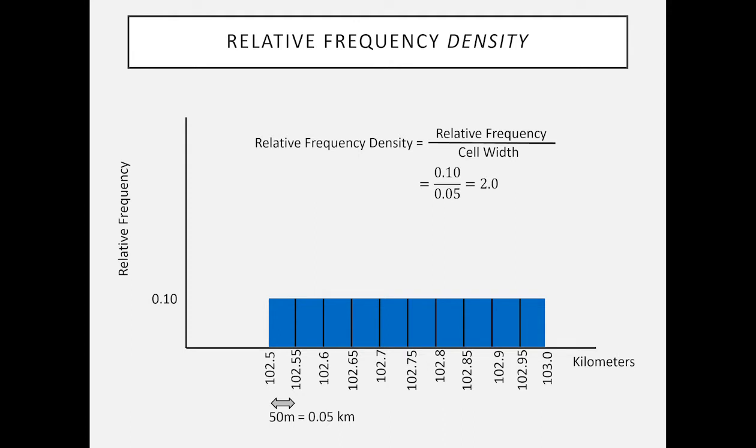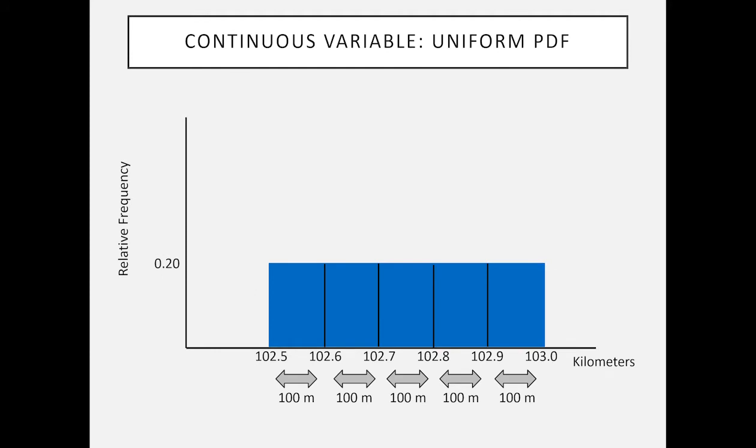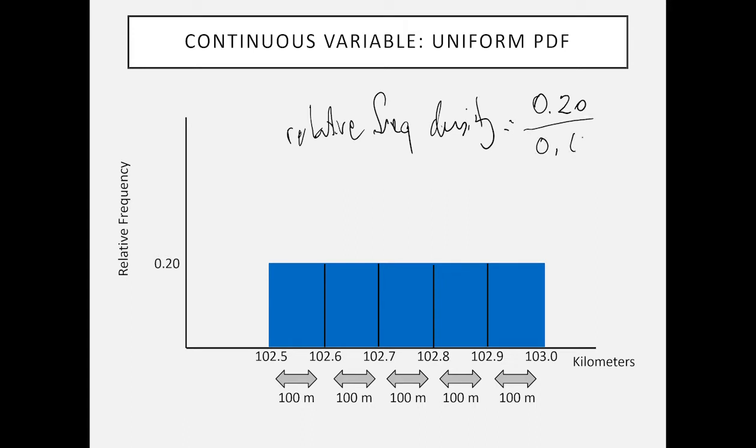Now what? I'm going to go back and take a look at the previous examples where I had different segments of different lengths and see what happens here. In this case, I had 100 meters, so if I looked at the relative frequency density, which is equal to the relative frequency, 0.20, divided by the cell width, 100 meters, which is 1/10 of a kilometer, it's still equal to 2.0.